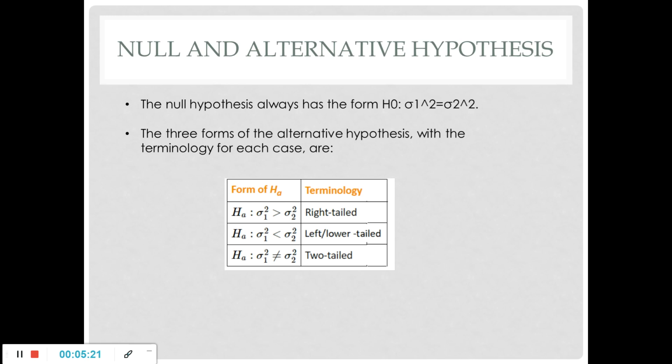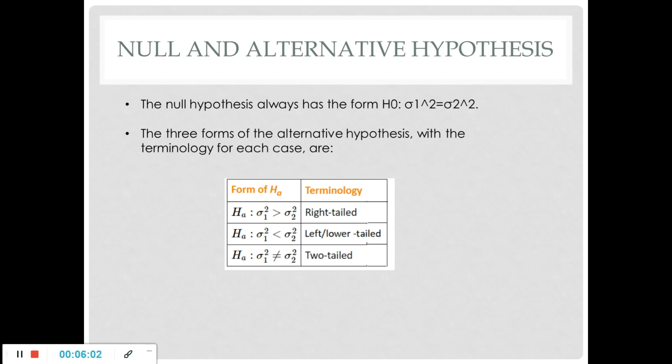Now coming to the null and alternative hypothesis specification, the null hypothesis is always specified as sigma 1 square equal to sigma 2 square. Sigma 1 square stands for the variance of the first population, and sigma 2 square stands for the variance of the second population. But you have three different forms of alternative hypothesis specification, depending on whether it is a two-tail or a one-tail test.